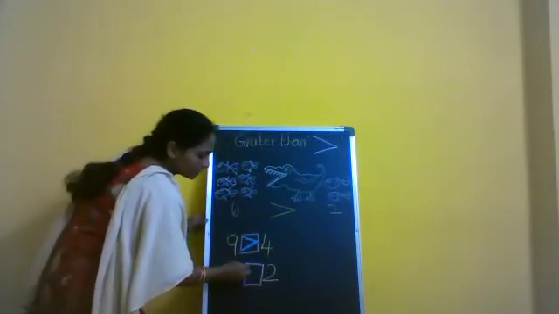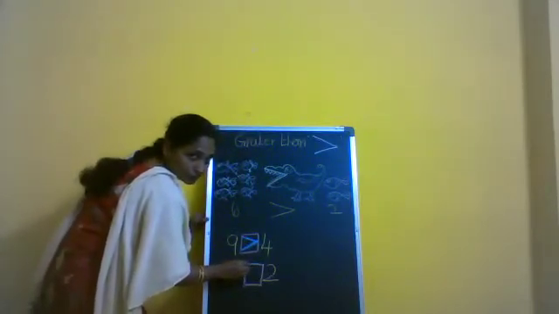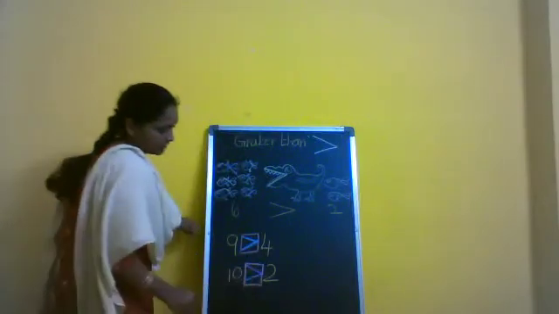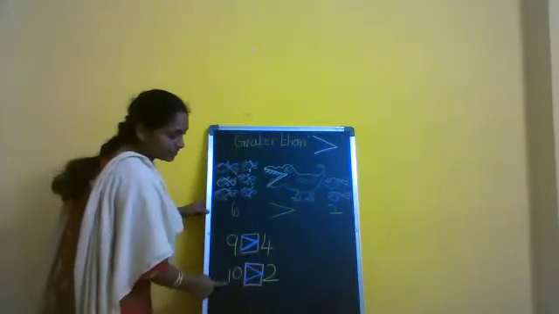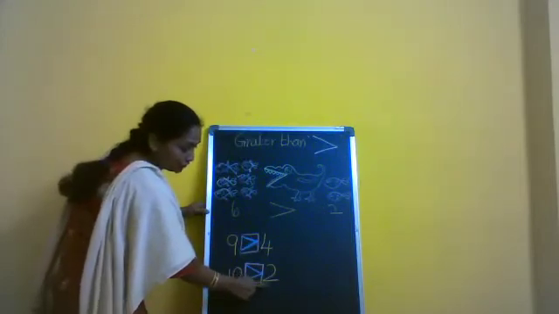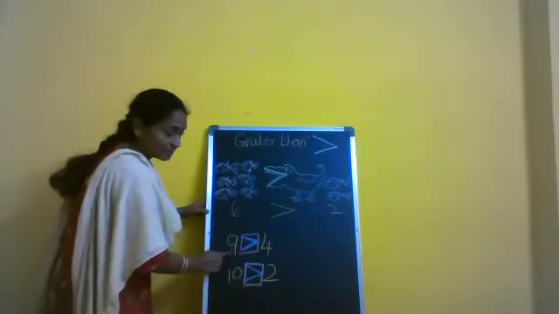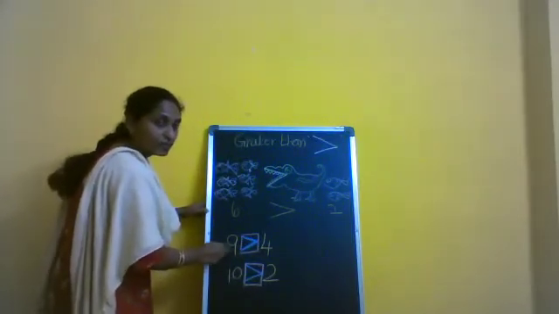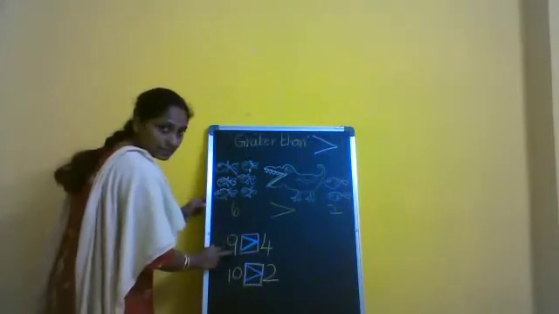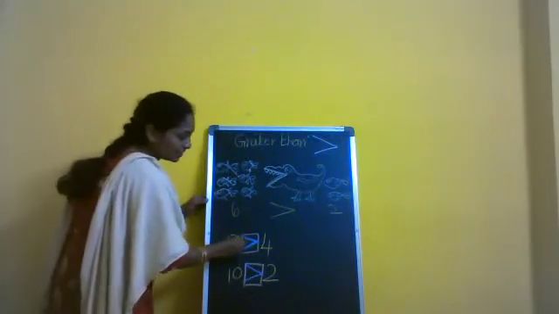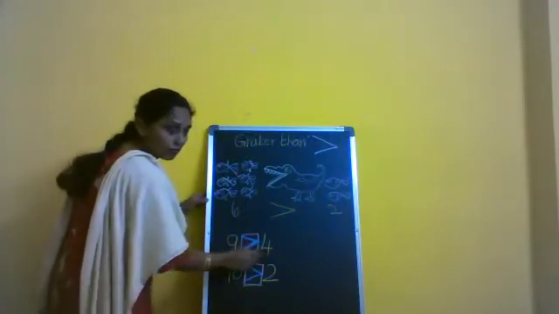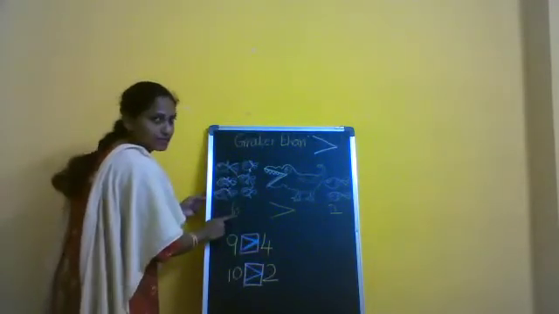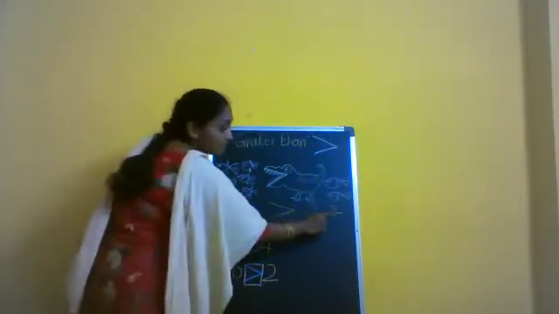Crocodile opened its mouth to the greater number side. So 10 is greater than 2. 9 is the greater number. You have to observe that the greater number is first. 9 is greater than 4. Okay, 6 is greater than 2.